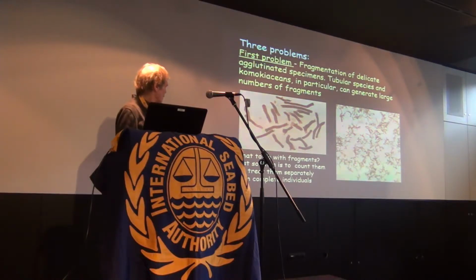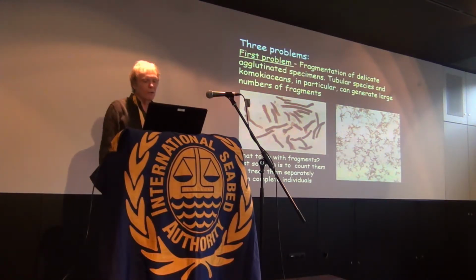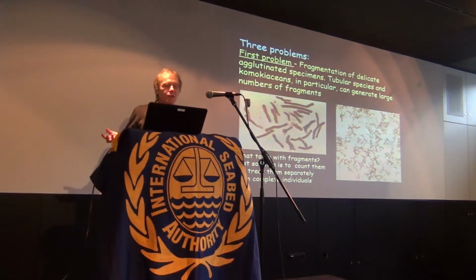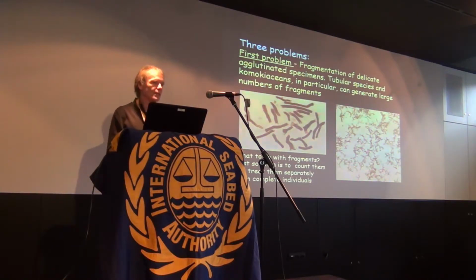So this is a tubular form which is broken into fragments, but this is a komokiacean, this is probably one specimen, I suspect. But it's just very delicate, and it's just been blown apart into lots of tiny fragments. So, what do you do with these fragments? Well, I think they're so abundant that you feel you have to do something with them. We count them, but we treat them separately from the complete individuals.